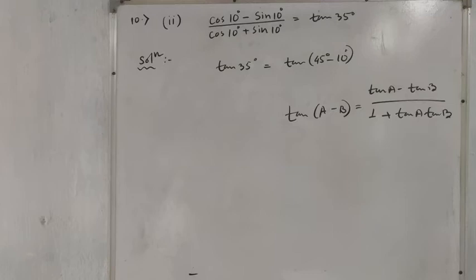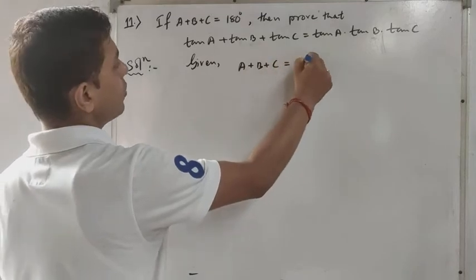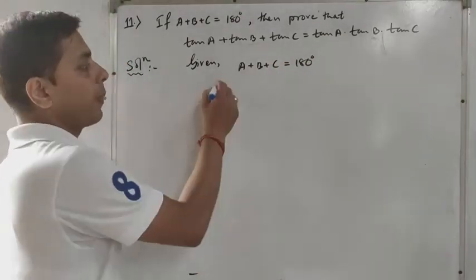Solution. We will start with this clue, that is A plus B plus C is equal to 180 degree. Let us start, since it is given, A plus B plus C is equal to 180 degree.